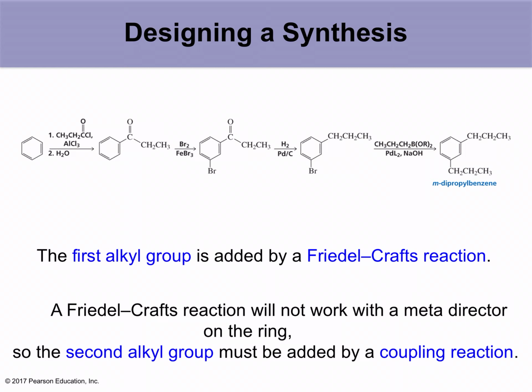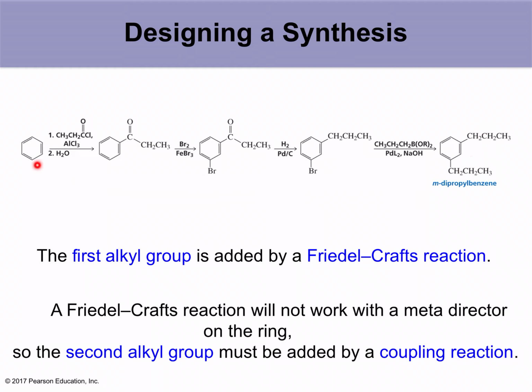Let's say you want to synthesize this molecule, meta-dipropylbenzene. So we need to add two propyl groups meta to each other starting from benzene. But these alkyl groups, are they meta directors? No, they are ortho-para directors. So let's see how we can put them on the meta position.